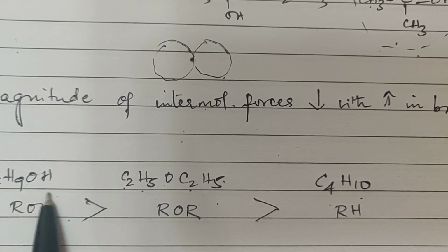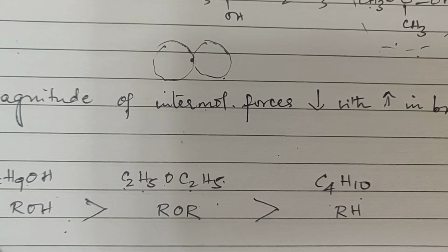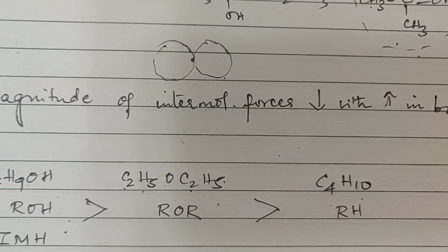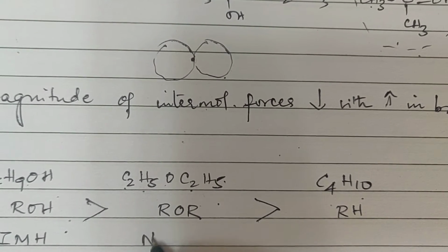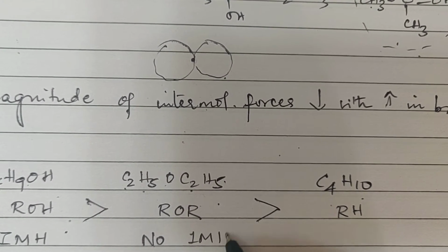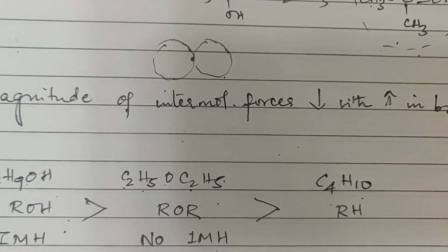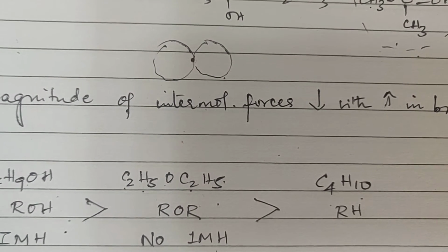So why is boiling point more here? This is because of intermolecular hydrogen bonding in alcohol, which makes the boiling point much higher, and here there is no intermolecular hydrogen bonding because hydrogen is attached to carbon and it is not attached to oxygen. That is why there is no intermolecular hydrogen bonding, and a little bit of polarity is there.